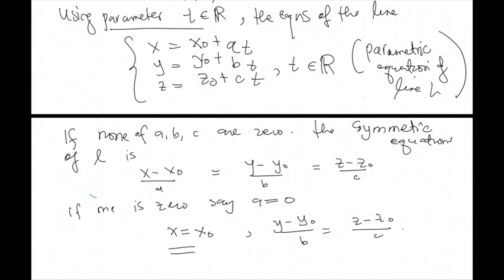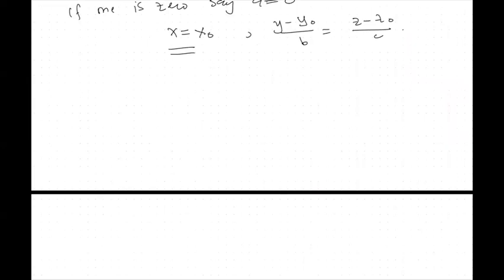So let's look at some examples. But before the example, let us recall that in geometry, a line is determined by 2 points. Okay, so this is the example.